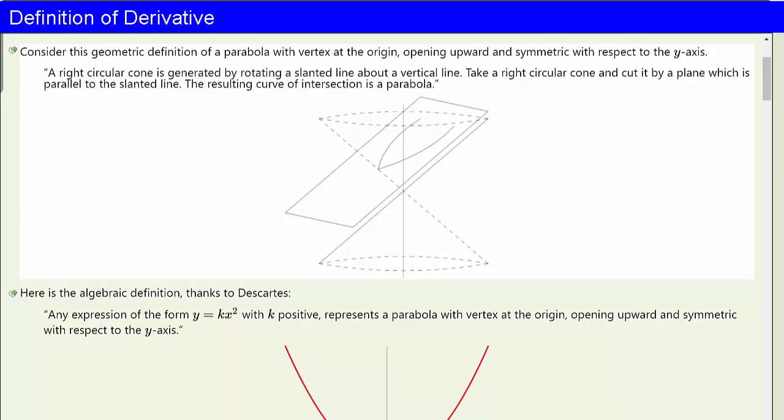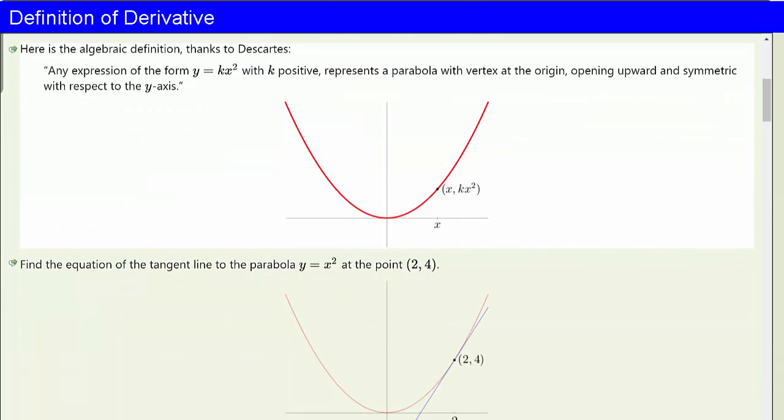The resulting curve of intersection is a parabola. Here is the algebraic definition of such a parabola, thanks to Descartes. Any expression of the form y equals kx squared with k positive represents a parabola with vertex at the origin, opening upward, and symmetric with respect to the y-axis.